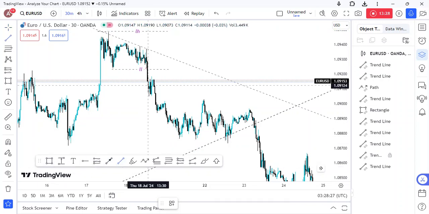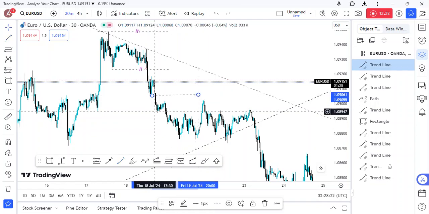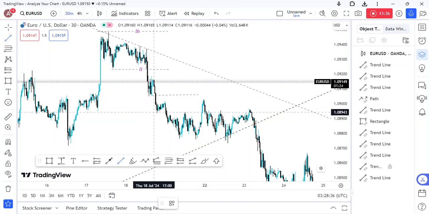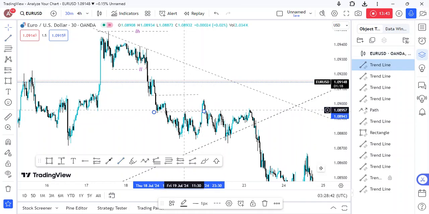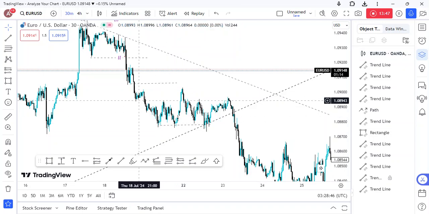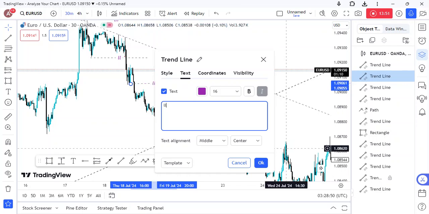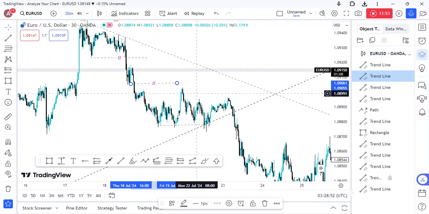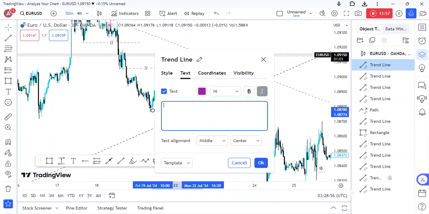So look at this trend. This was broken. The market came all the way here. This high was there, so the market broke this, making a lower low. So this is a bearish trend. You can see clearly that this market is falling down.